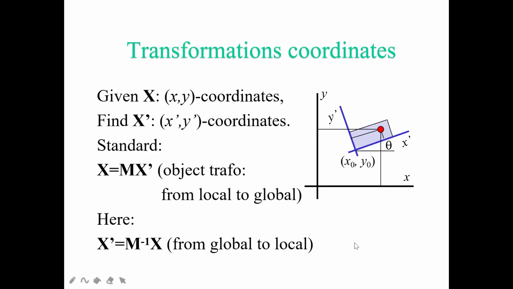So here, in your given x-axis, it has been given as your x and y coordinates. But if you have to find out your x dash, then at that time you have to change the transformation from your local coordinates to your global coordinates.